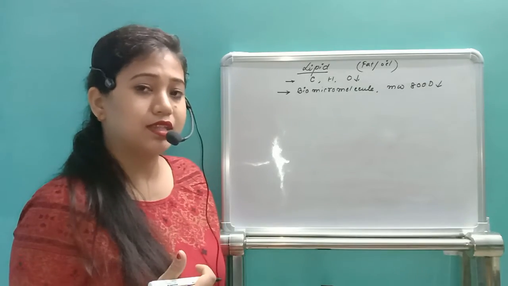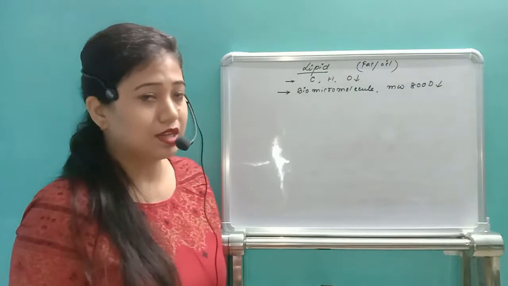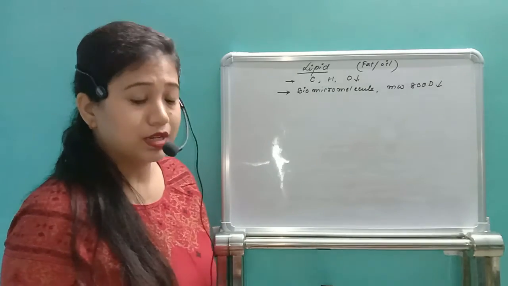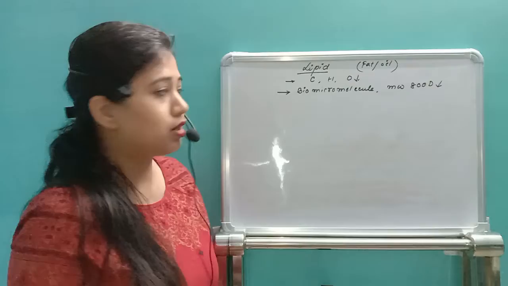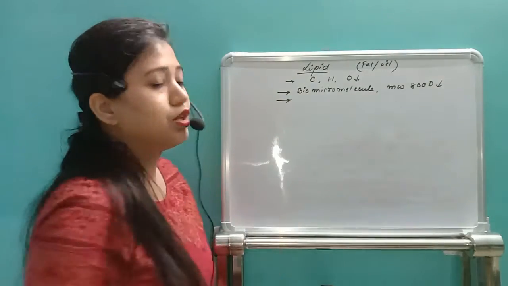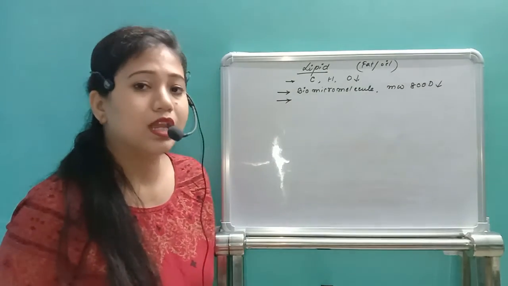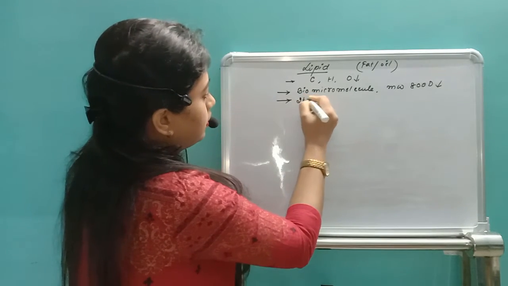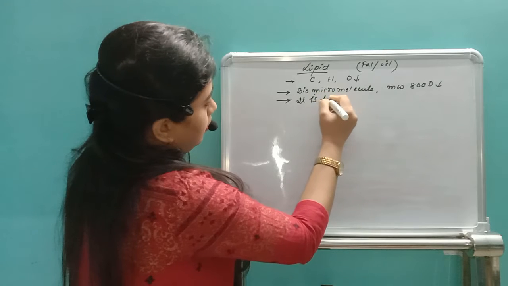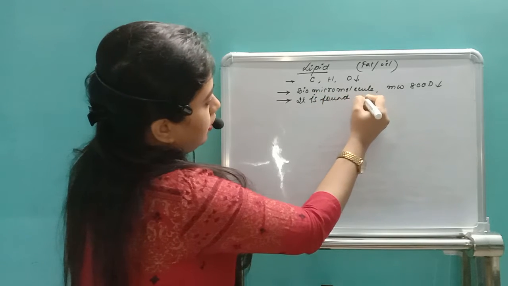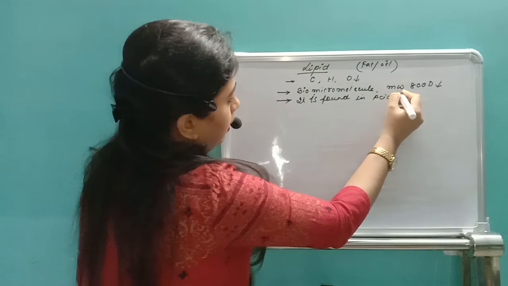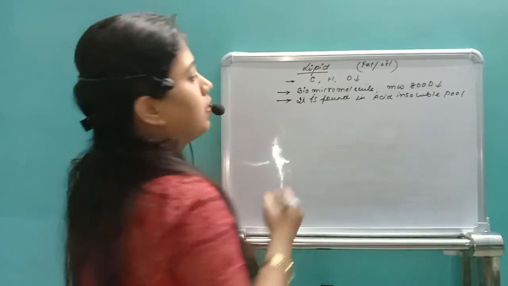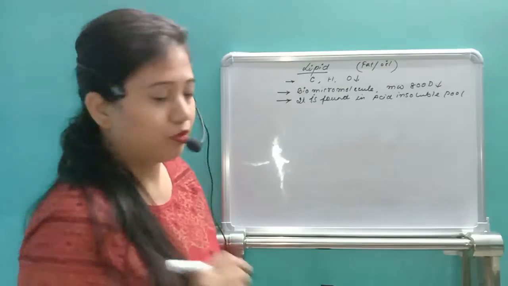We have seen in the trichloroacetic acid test, this biomicromolecule should be dissolved. But unlike the other biomicromolecules, this lipid actually does not get soluble in the acid, so it is found in the acid insoluble pool. So this is another very important point.